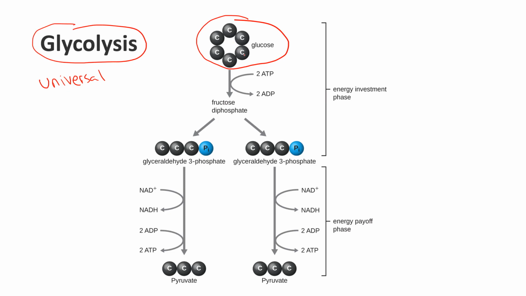So here's glucose, which has 6 carbons. Remember C6H12O6. So here are those 6 carbons right here. And glucose is being broken down in the process of glycolysis. Ultimately, one molecule of glucose results in 2 molecules of pyruvate.